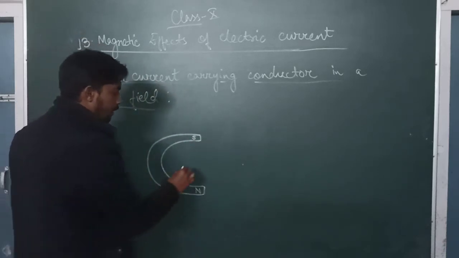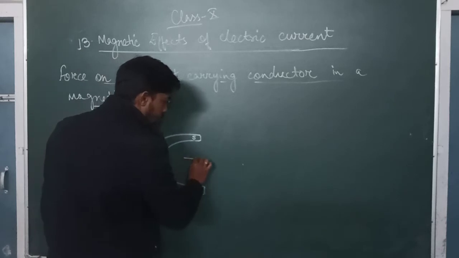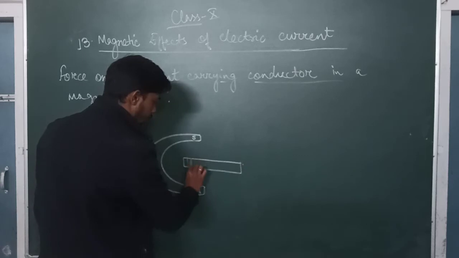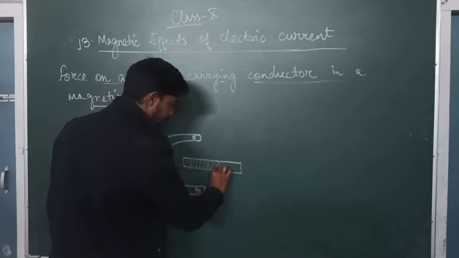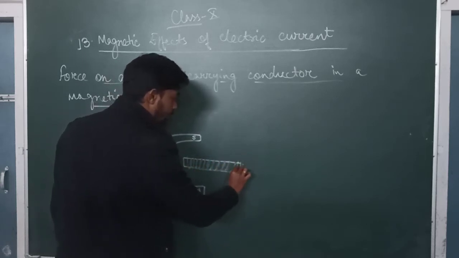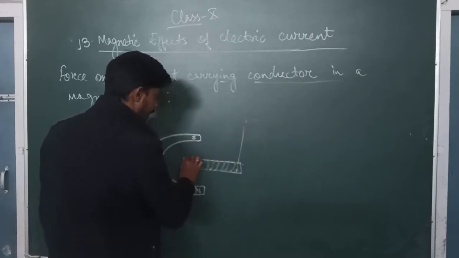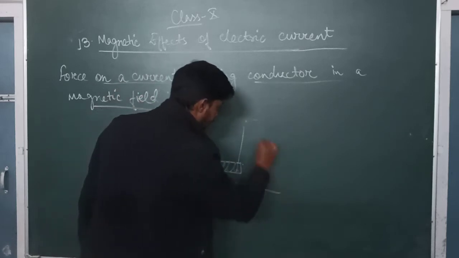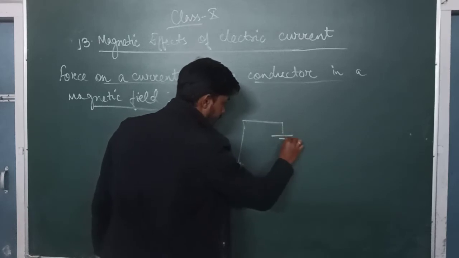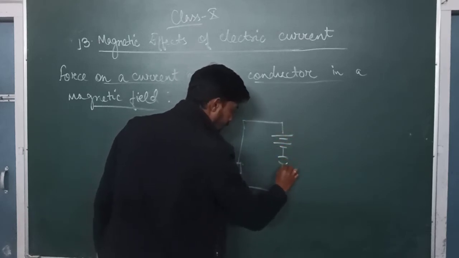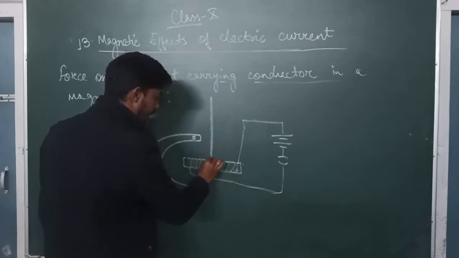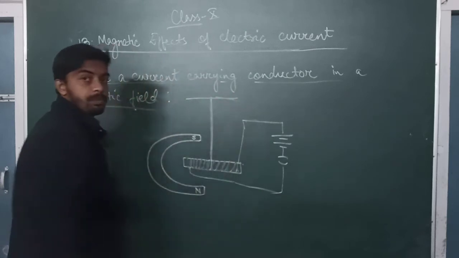And in between this magnet we have a piece of conductor which has wire wrapped over it, and it is connected to a circuit and a power source. This conductor is hanging freely in this part.